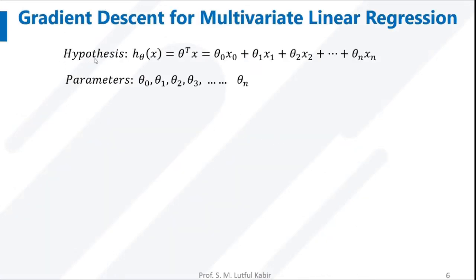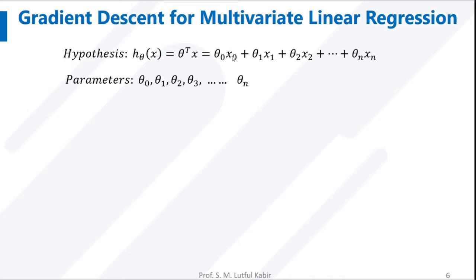In the last slide, we discussed the hypothesis, where h theta of x is equal to theta transpose x, where theta and x both are n plus 1 dimensional vectors. And if you expand this multiplication, then it becomes theta 0 x0, theta 1 x1, theta 2 x2, etc. up to theta n xn.